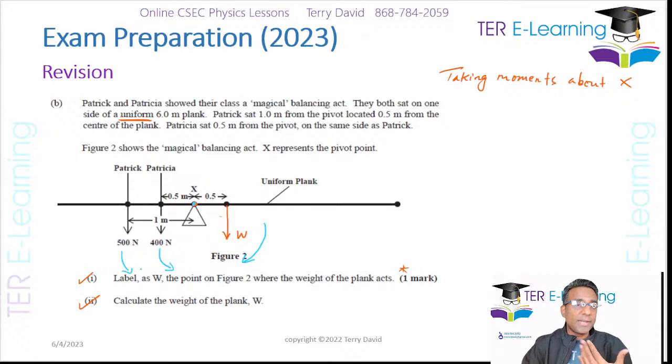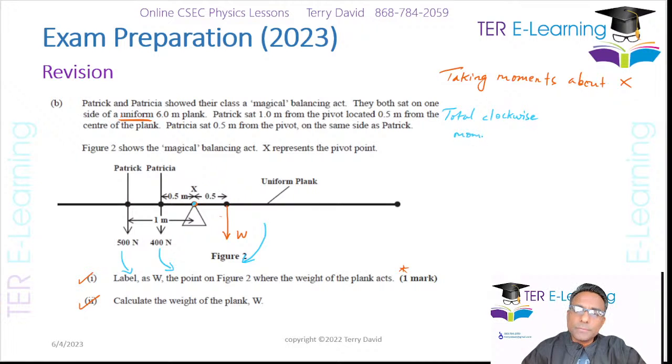So this is typically how I analyze a question like this. Total clockwise moments is equal to total anti-clockwise moments.